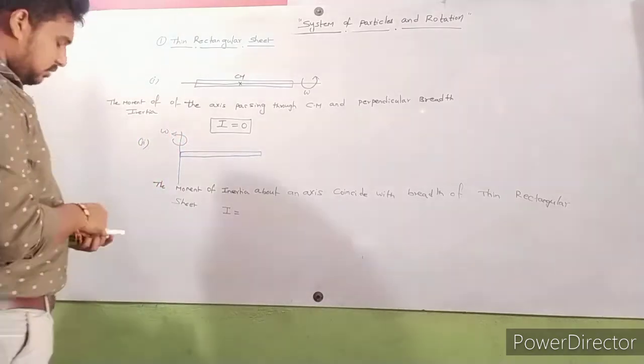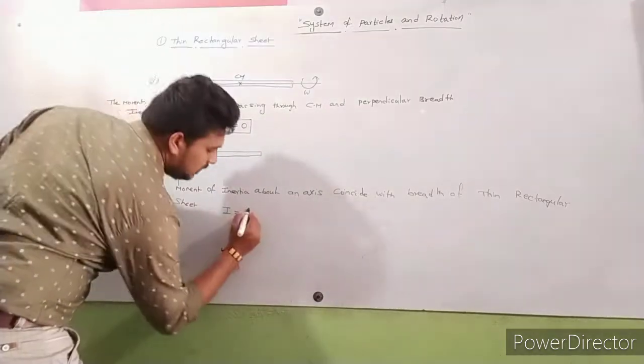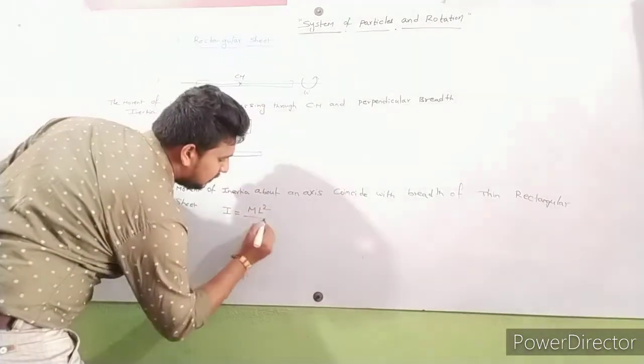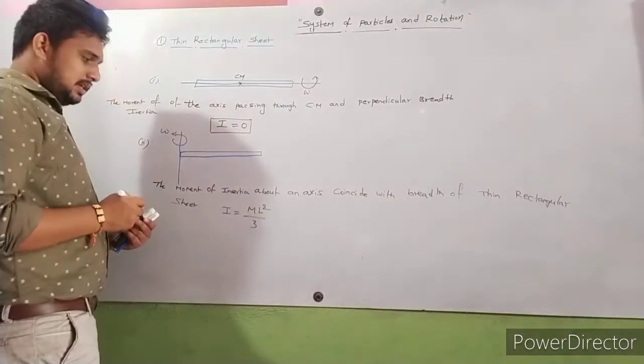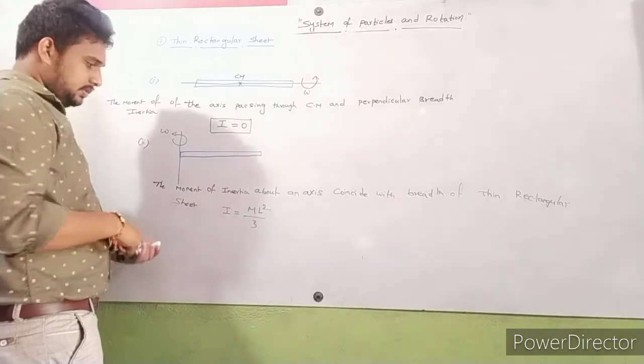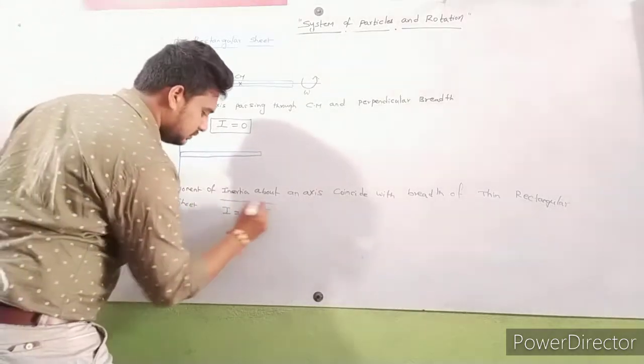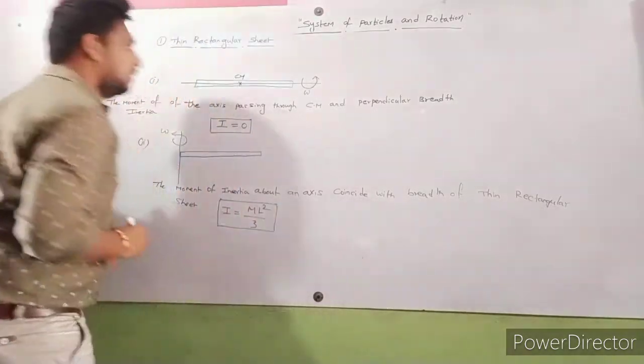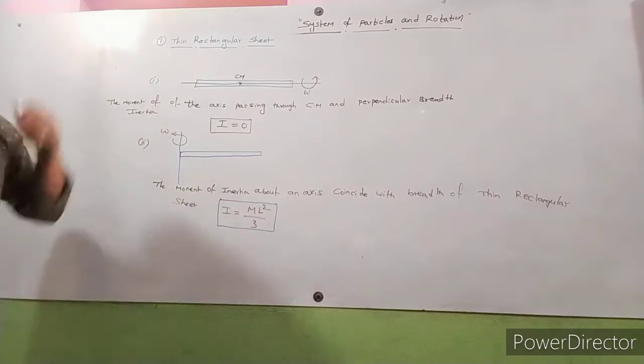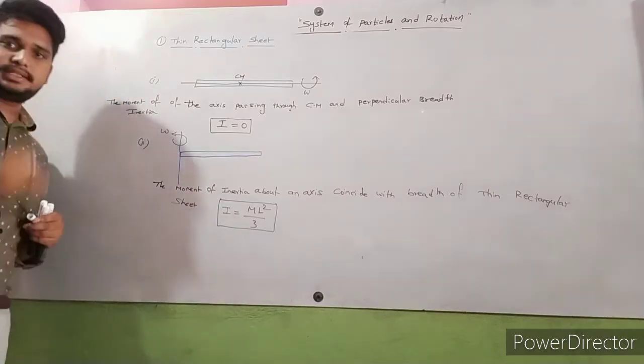Okay, I is equal to ml square by 3. Okay, so this is the thin rectangular sheet we discussed.